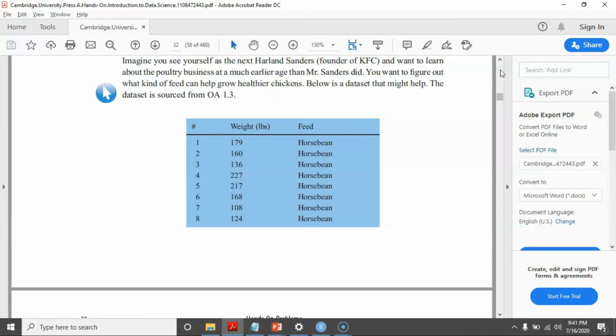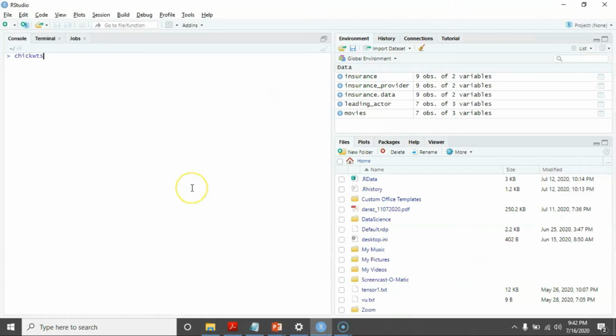I already have this data set available in R, and once you install R and RStudio, it will be already available in your environment as well. So you don't need to define this data yourself, the data set is already available in the environment.